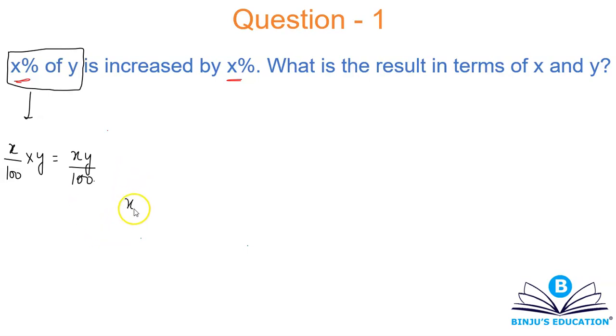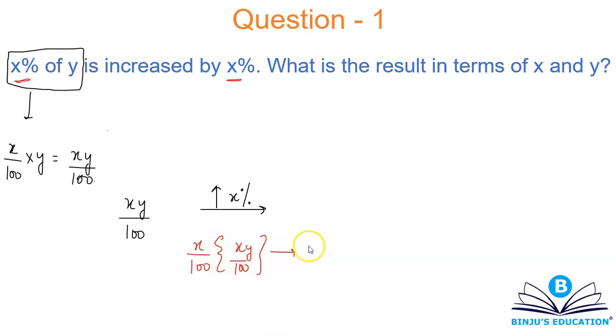Now xy by 100, this is increased by x percent. So if you're increasing this by x percent, and if I want to know the absolute change, that will be x by 100 multiplied by xy by 100, or the absolute change is x square y by 100 square.